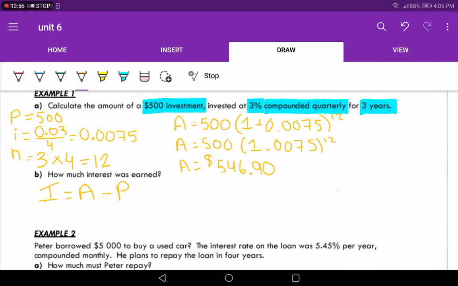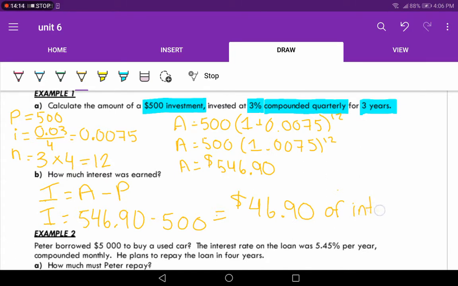So when I do that, I have interest equals 546.90 minus 500, which leaves me with $46.90 of interest. So you made almost 50 bucks on interest in this investment.